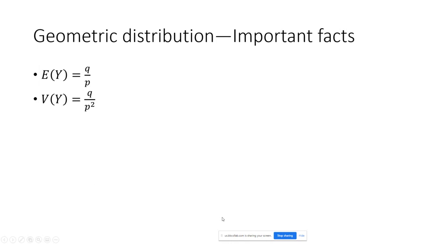Okay, some important facts about the geometric distribution. The expected value of y is q over p. And the variance of y is q over p squared.